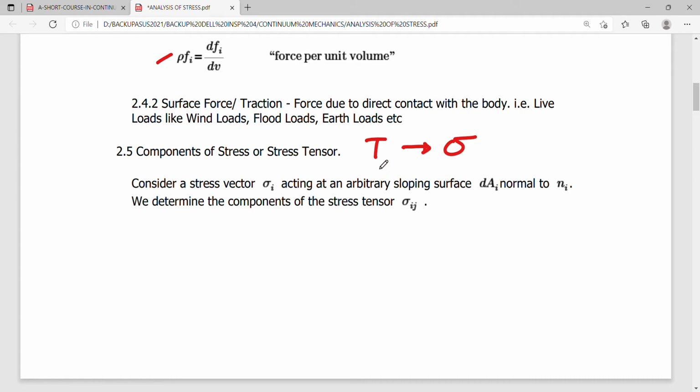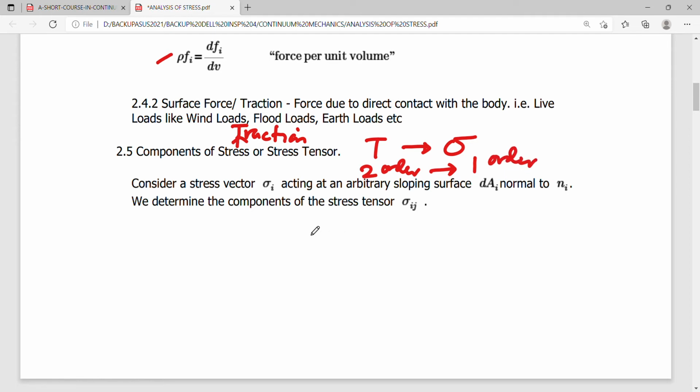The order or degree of the quantity here for tensors is of course second order, upon which if we convert it to a stress vector or traction vector, as it is termed in other references, we are now converting a second order tensor into a first order tensor, which is a vector.